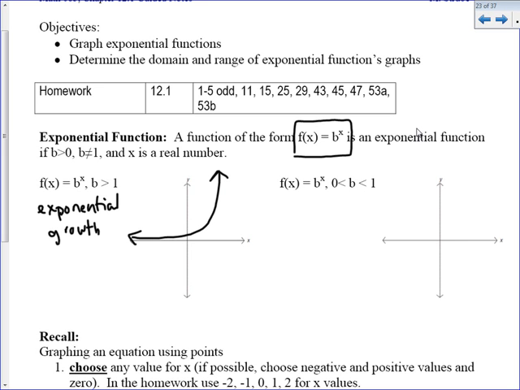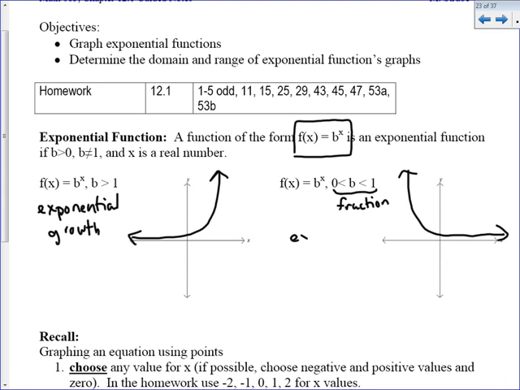Now, if we had a base between 0 and 1, so this right here means it's a fraction. Like the 1/3 to the x. Then we have an exponential decay, so we flip that around and it comes down really steep and then levels out.